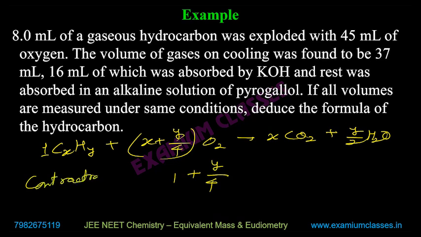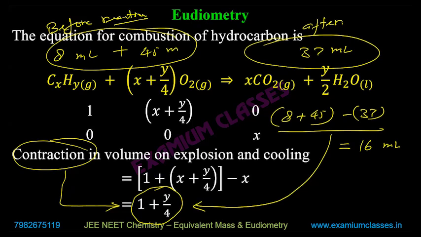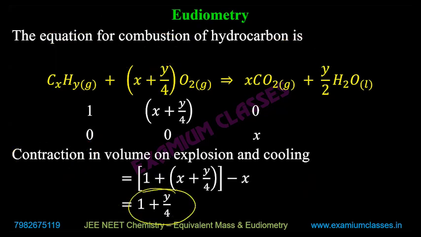Contraction in volume, if you see here, is this much for how many moles? 1 mole or 1 milliliter. So this reaction is about 1 milliliter if you apply. So for 1 milliliter, contraction in volume is 1 plus y by 4.